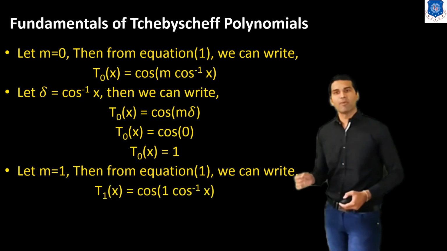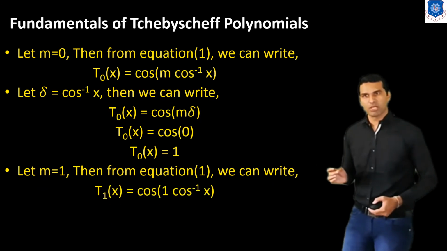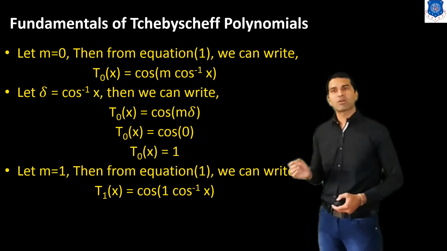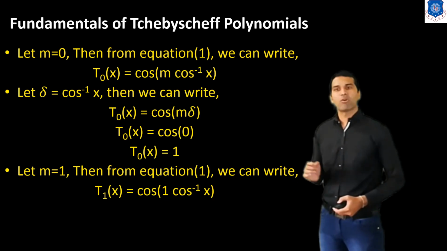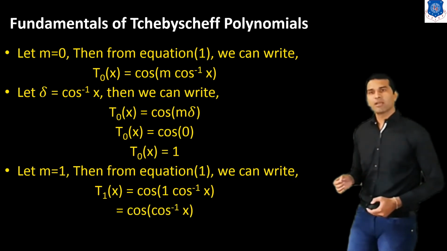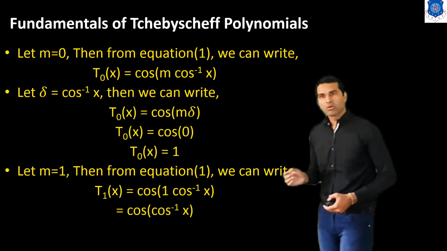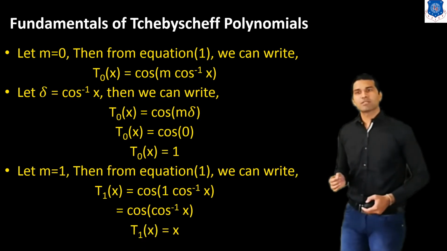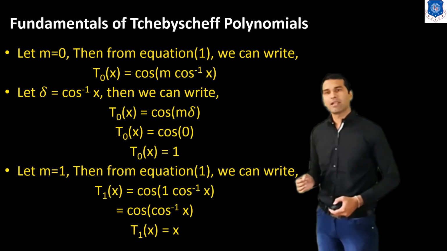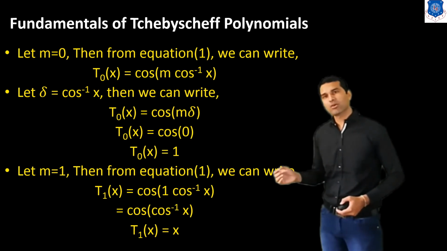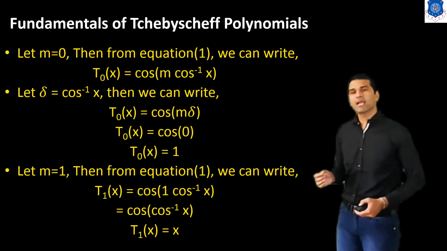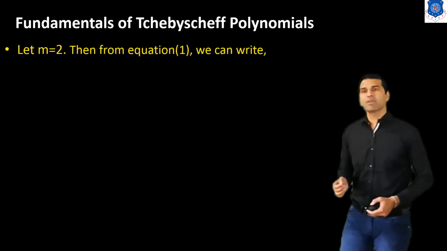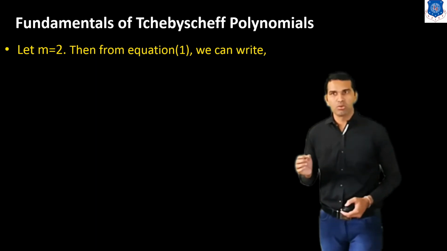Now we consider m equals 1. Putting the value in equation 1, T1(x) equals cos(cos inverse x). Here cos inverse x is delta, and cos of cos inverse cancel, so T1(x) equals x. Now we consider m equals 2.